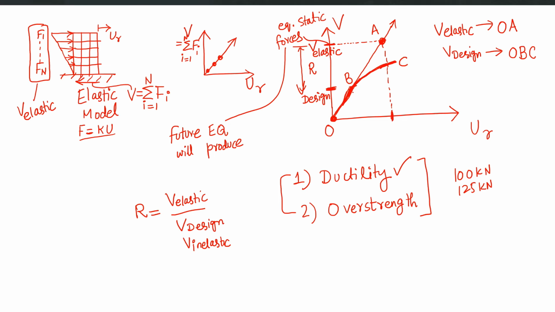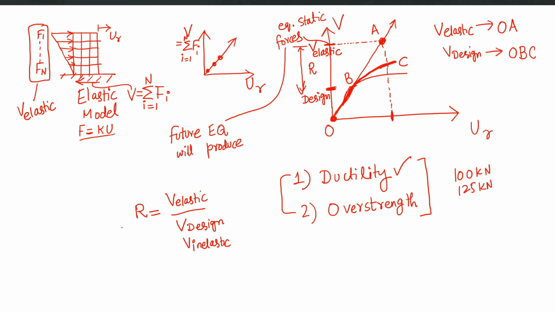Depending upon the overstrength, the line BC may have different slope. Sometimes it may directly go flat, indicating no overstrength, and sometimes it may exhibit some overstrength. So R is the ratio between elastic base shear and design base shear.